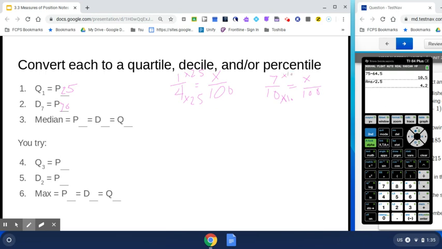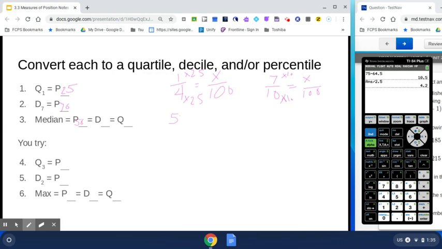All right, and the last example in that top half is the median. If we think about what the median means, this means the middle. It cuts the data into half. So 50% on the left, 50% on the right. So it's the 50th percentile.